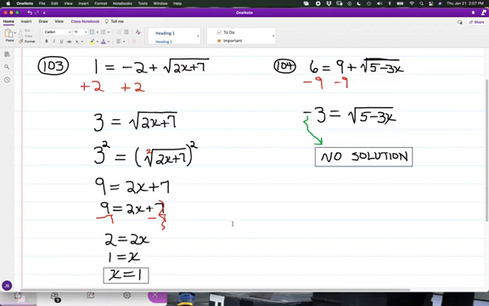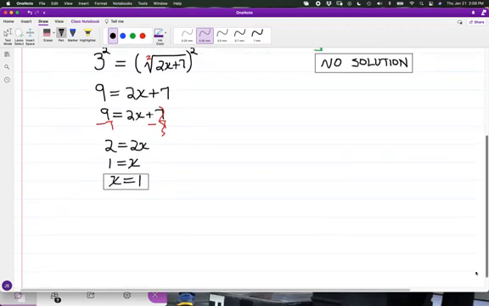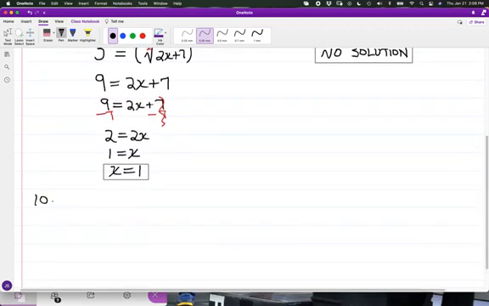And here we're transitioning from solving for x to solving for m. In this one, for 105, we have that the square root of m plus 18, plus 2, is equal to m.